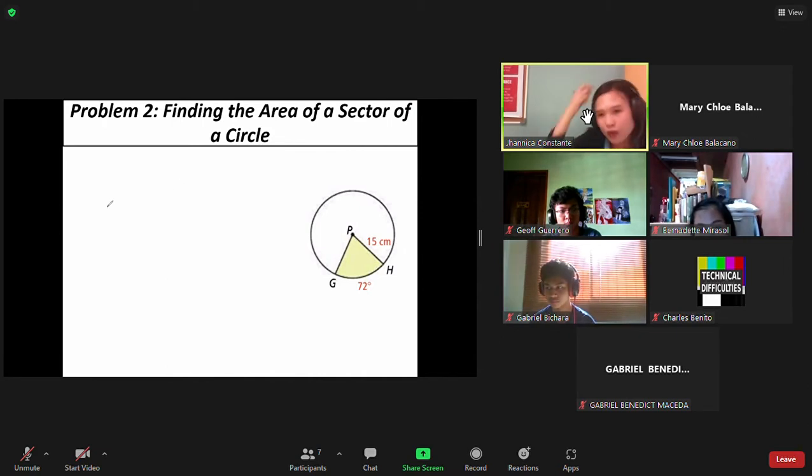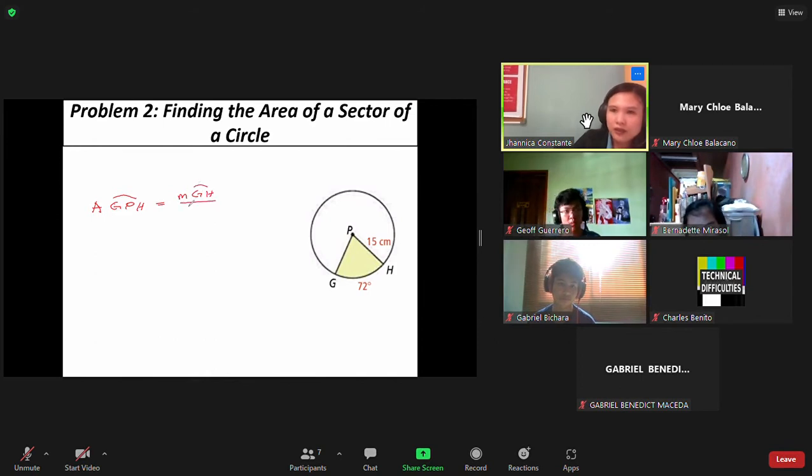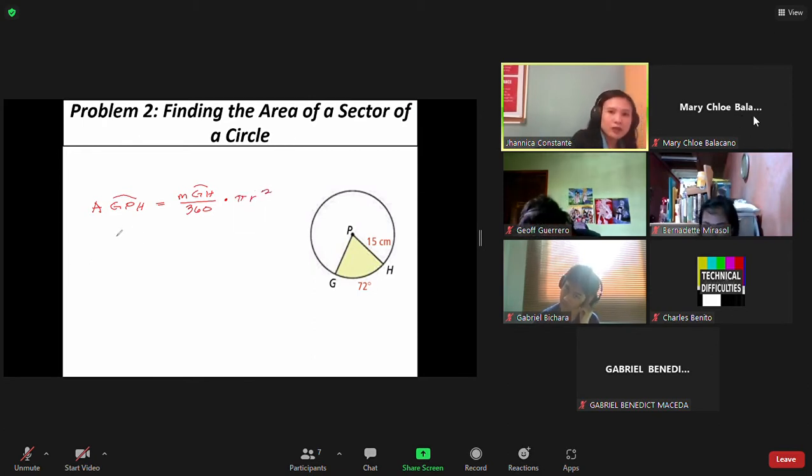So we're going to use the first formula in solving for the area of our sector, which is area of sector GPH equals the angle measurement of the arc GH divided by 360 times the area of a circle, which is pi r squared. That's our formula if the given is the arc and the radius.